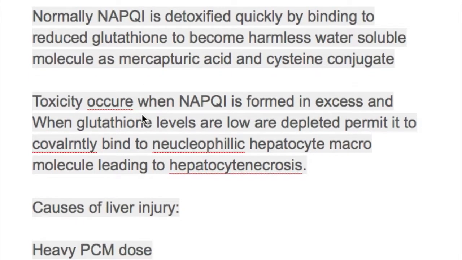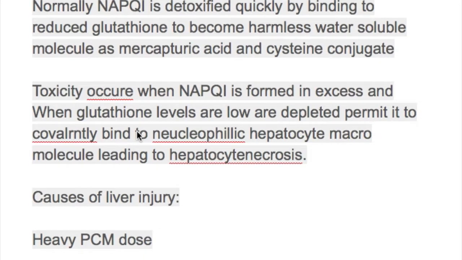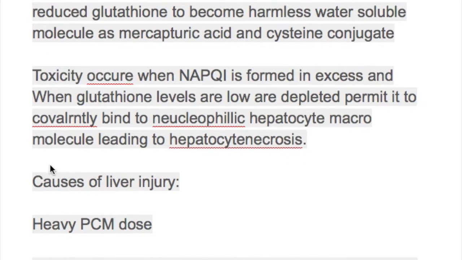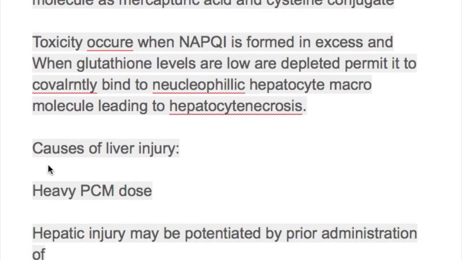Toxicity occurs when NAPQI is formed in excess and when glutathione levels are low and depleted, permitting NAPQI to bind covalently to the nucleophilic hepatocyte macromolecules, leading to hepatocyte necrosis. NAPQI causes centrilobular hepatic cell necrosis.